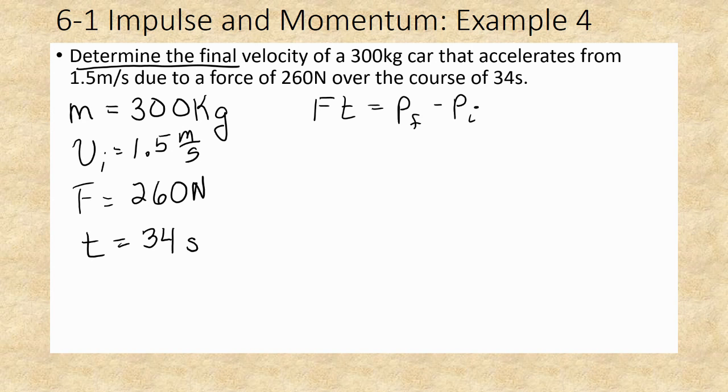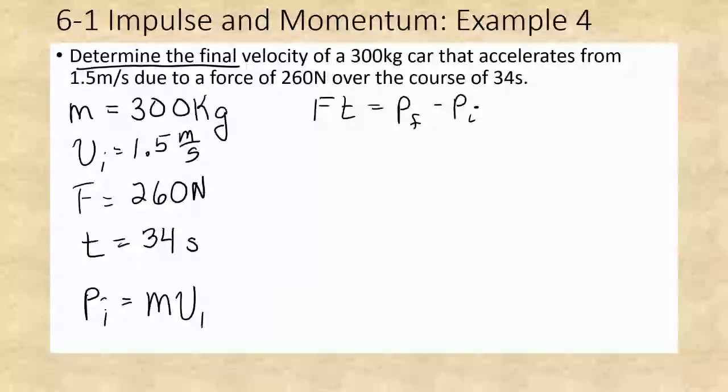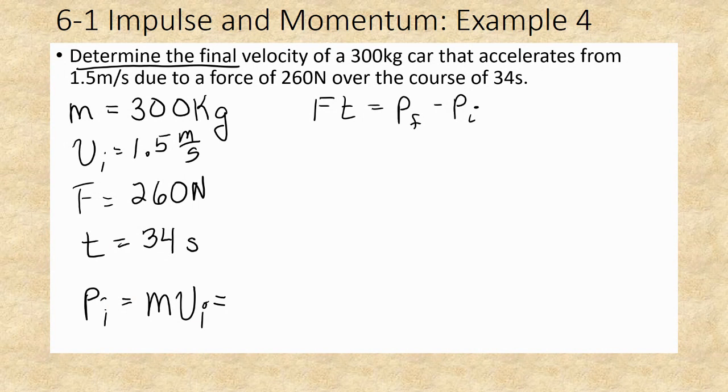Now, the initial momentum, we're going to have to calculate that first. That's mass times the initial velocity, both of which we have. 300 kilograms times 1.5 meters per second. That's 450 kilogram meters per second.